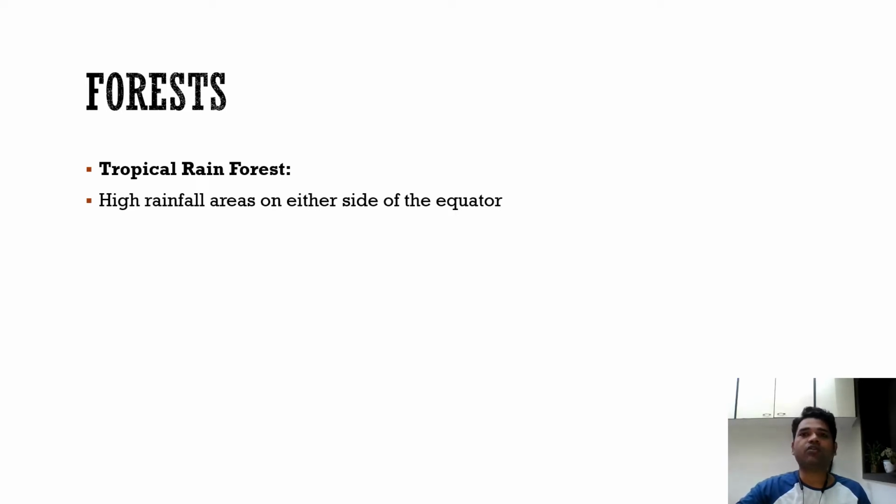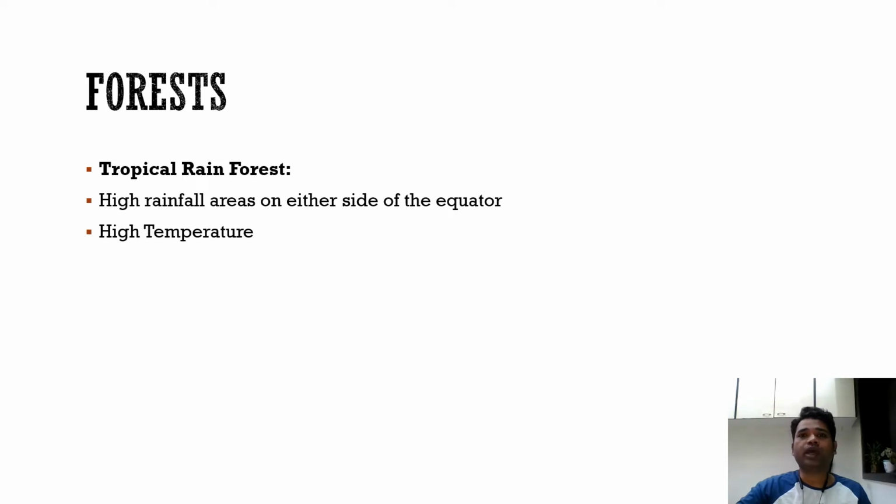You get very high rainfall in the equatorial region, and because of the rainfall there's a large amount of moisture and water, and due to that there's high diversity of vegetation, and high diversity of fauna as well due to the vegetation. This type of forest is called rainforest, or the evergreen rainforest.